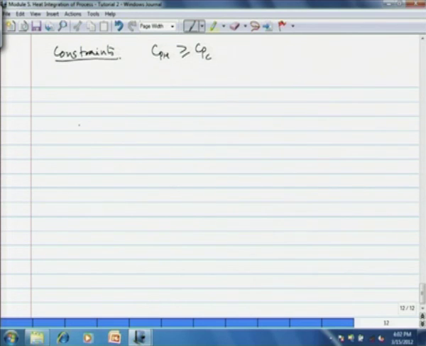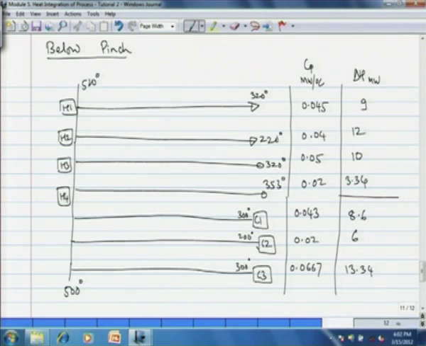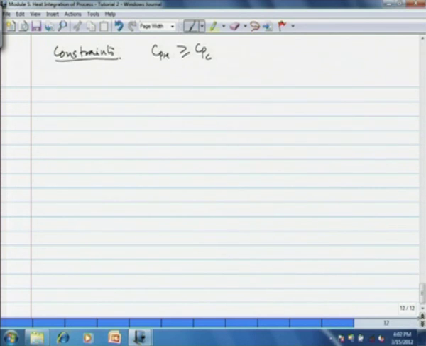Now, looking at the H values and the constraint, we can see that we can match H1 with C1 without any trouble, because H1 has higher heat capacity than C1 and the heat available with H1 is 9 megawatt and that required by C1 is just 8.6 megawatt. Okay. So, we can start matching.